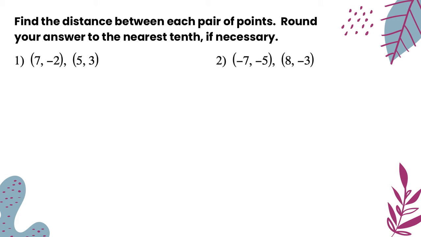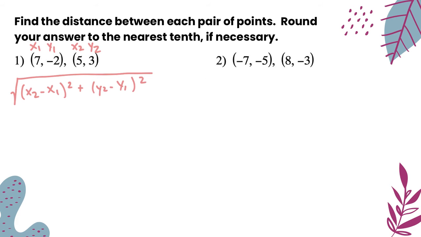So when I want to find the distance between these two points, I begin by assigning x1, y1 and x2, y2. Remember, we are plugging into the square root of x2 minus x1 squared plus y2 minus y1 squared.